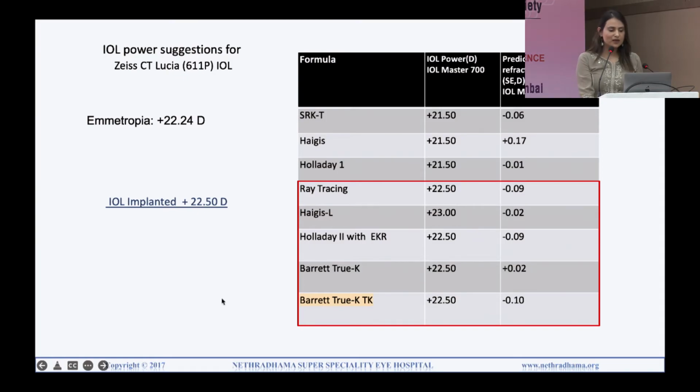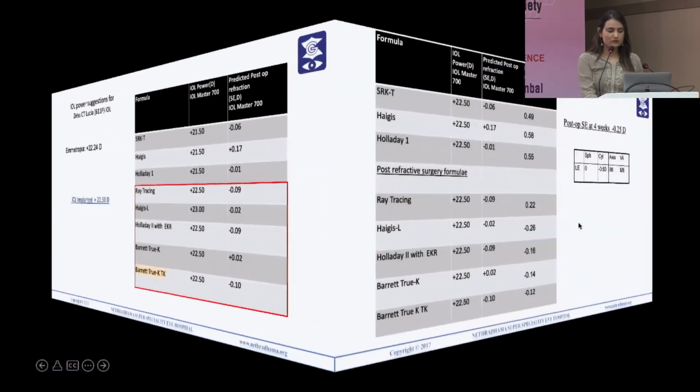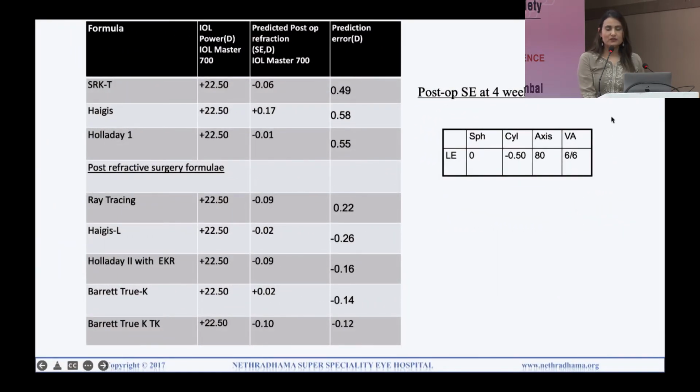So the lens implanted was plus 22.5 as suggested by most of the modern formulae, and the post-op refraction achieved was 0.25 diopters, and using this post-op refraction we found the prediction errors. You can already see here that for the first three formulas, the prediction error is on the higher side, almost 0.5 and above, and all the newer generation formulae have actually given us prediction errors within 0.5, and the best one looks like the Barrett True K TK.